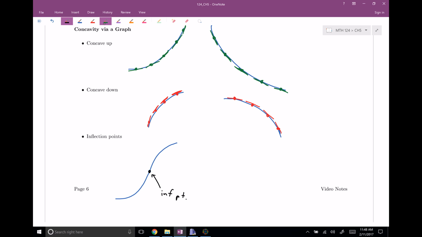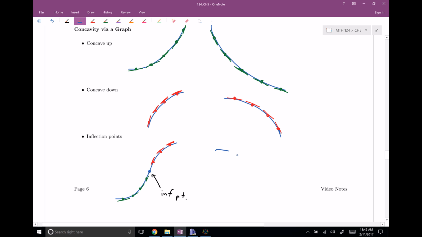And so we can see down here, the function is concave up. It lies above its tangent lines. And then past that point, the function is concave down. It lies below its tangent lines. So this is a switch from concave up to concave down.